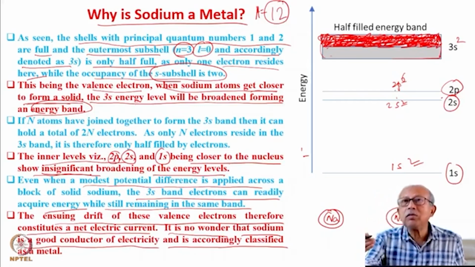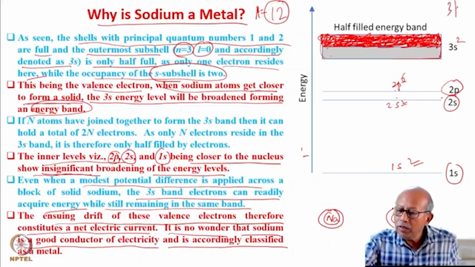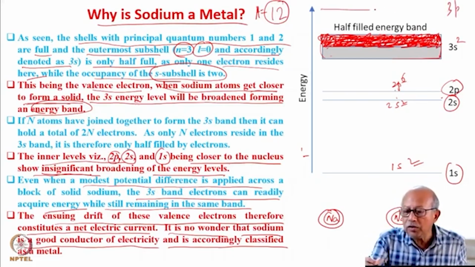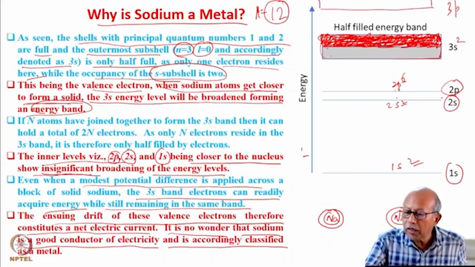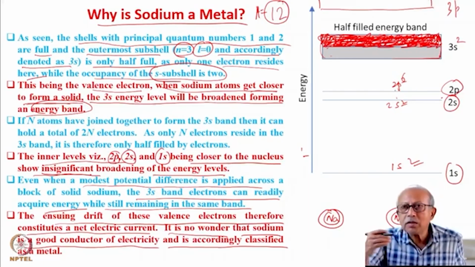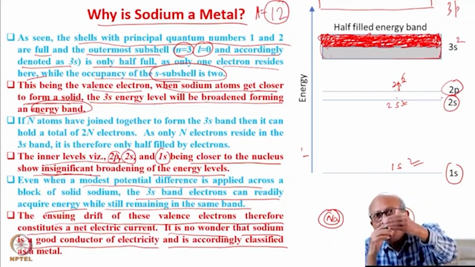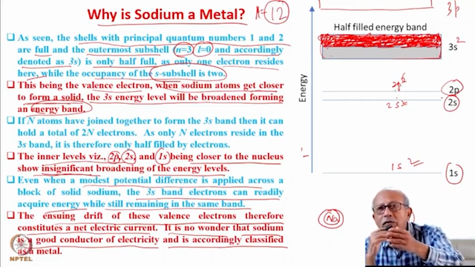So the next energy level is the p energy level, which is somewhere here. And this, of course, can also make a band, because it will be even further out, so even further away from the nucleus.